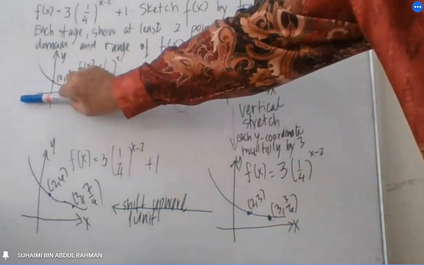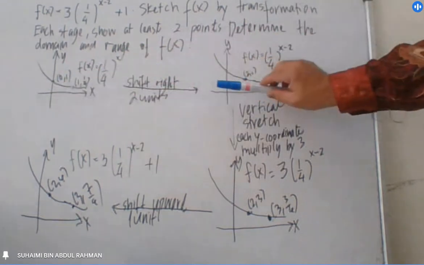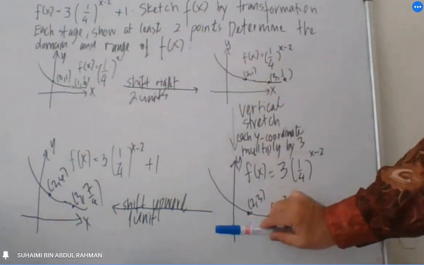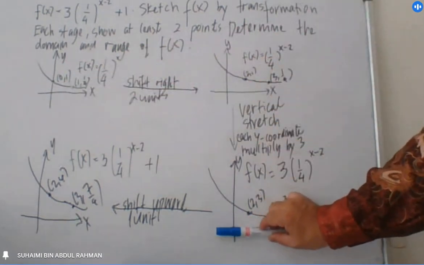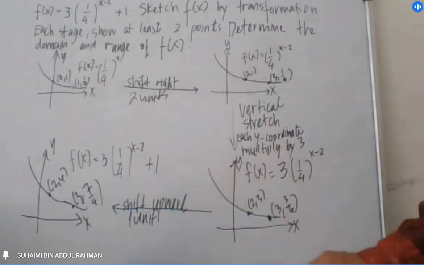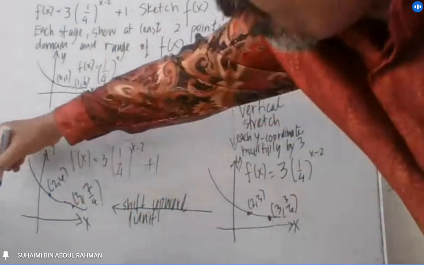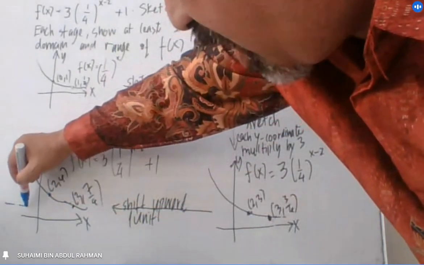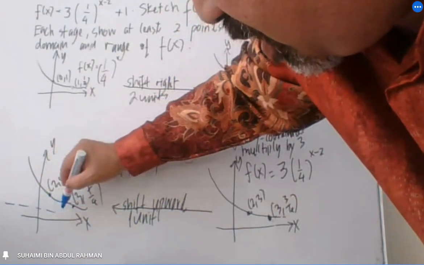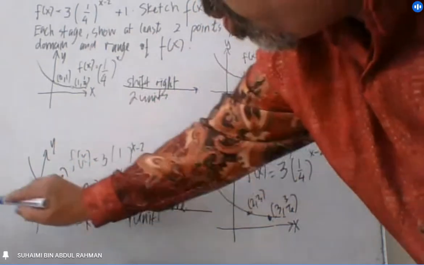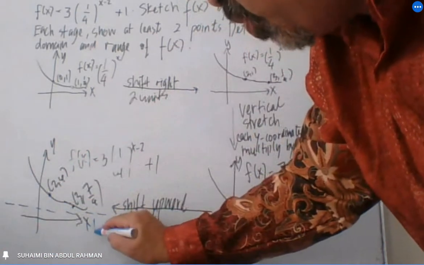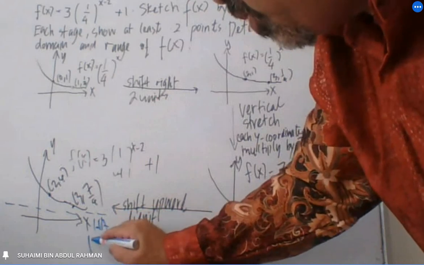The asymptote is here, and then still here. But now we shift upward, which means the asymptote also shifts up. So our new horizontal asymptote, this is the horizontal asymptote. The line of what?